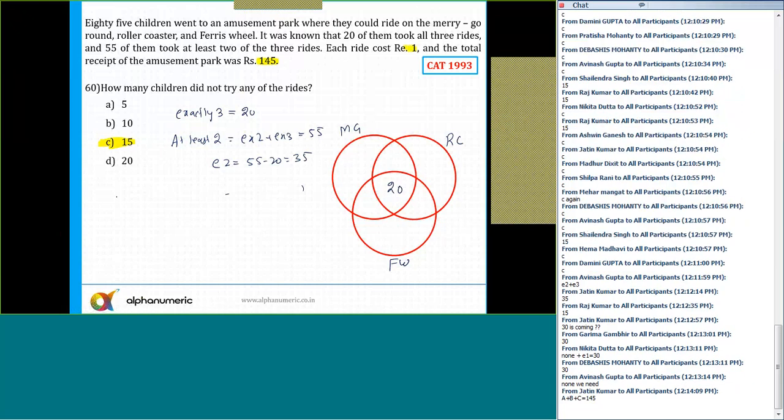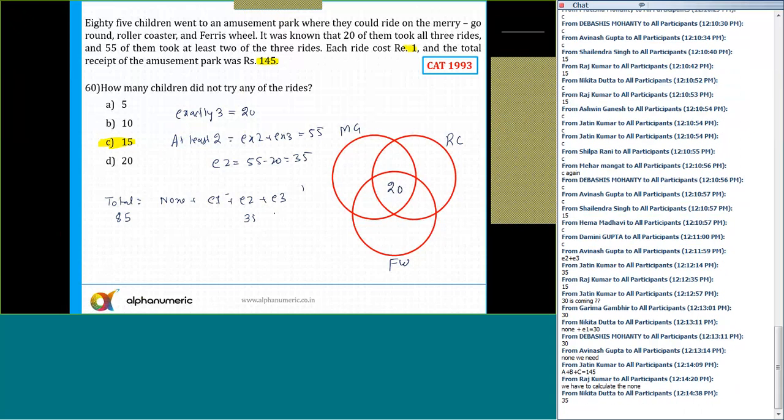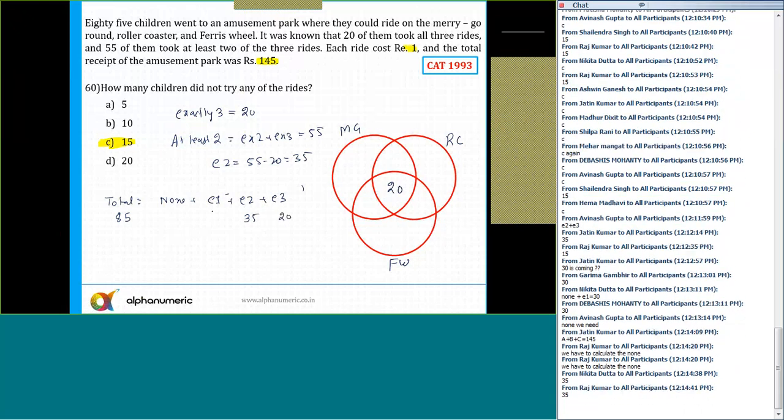First, total is always equal to none plus exactly 1 plus exactly 2 plus exactly 3, and total is equal to 85. Exactly 2, how many children took a ride in exactly 2? That is 35. And exactly 3, that is 20. Exactly 1, we have no idea.